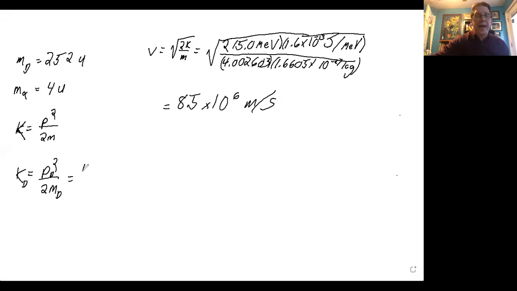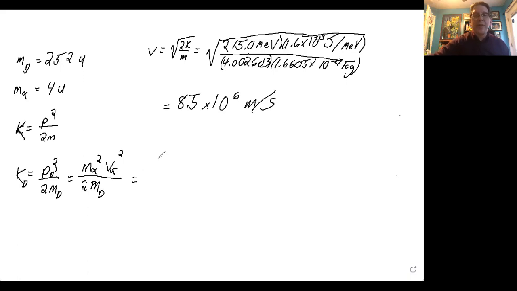So we can write that as the mass of the alpha particle squared times the velocity of the alpha particle squared, divided by 2 times the mass of the daughter nucleus. So we can plug all these in.